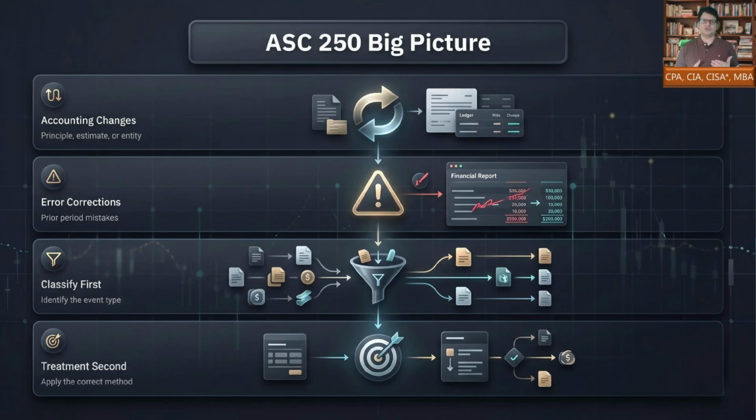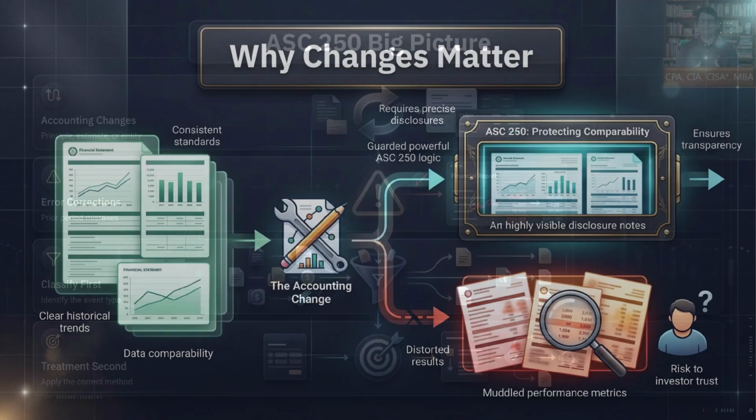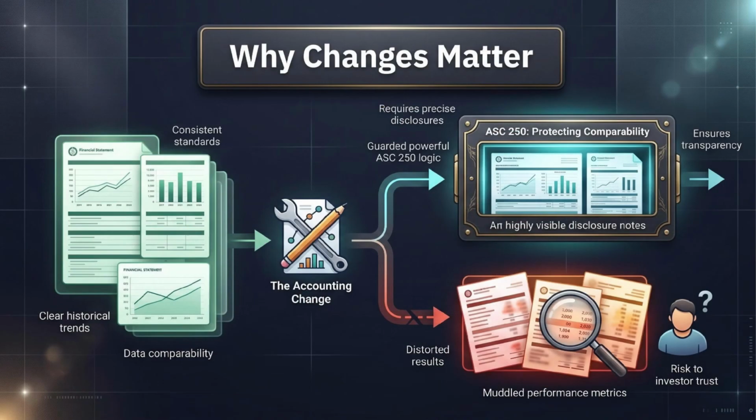So, today, our first goal is simple: classify first, treat second. Why does this topic matter so much? Because users compare financial statements across periods. Investors, creditors, analysts, auditors, and management all look at trends, ratios, margins, and movements. If a company changes an accounting principle, revises an estimate, changes the reporting entity, or finds a prior period error, the current numbers may no longer be directly comparable with the past.